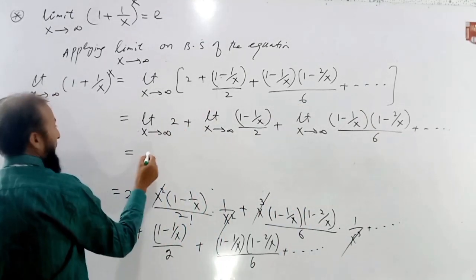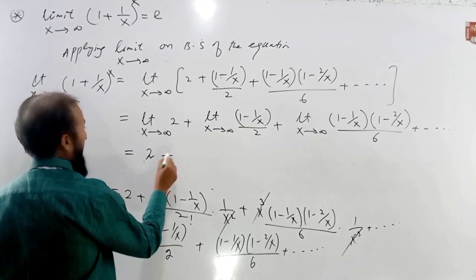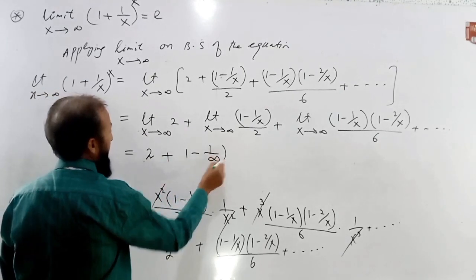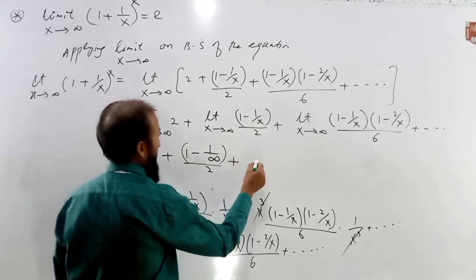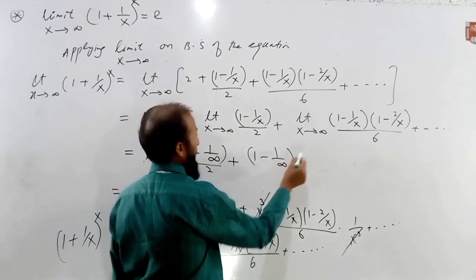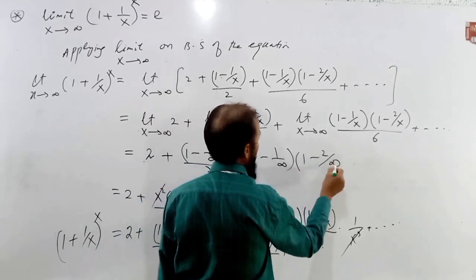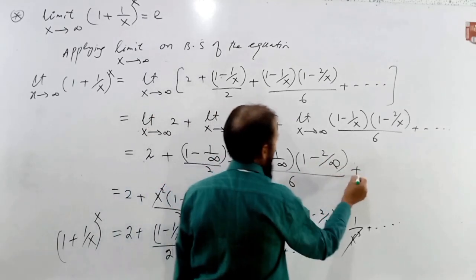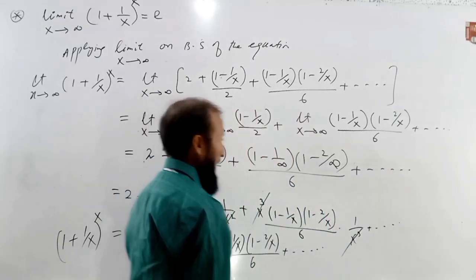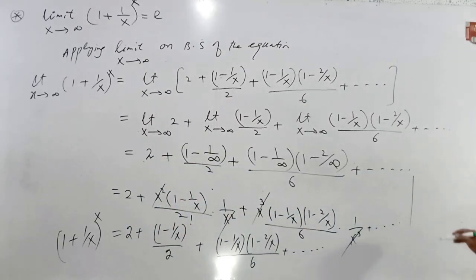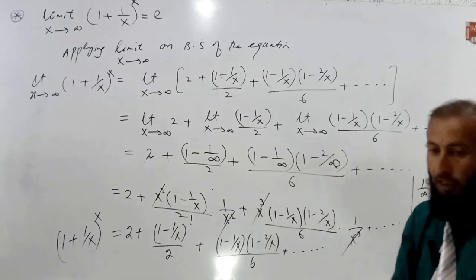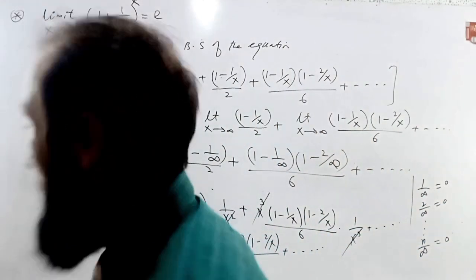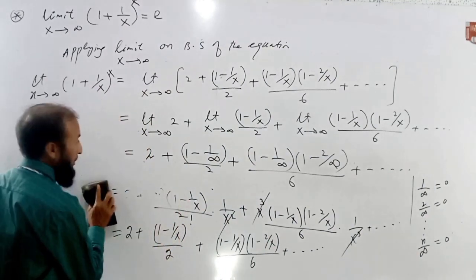Here the constant rule we can apply, so we get the constant, and here 1 minus 1 divided by infinity divided by 2 plus 1 minus 1 divided by infinity, 1 minus 2 divided by infinity divided by 6 plus up to so on. This is one of the rules: 1 divided by infinity we get 0, 2 divided by infinity we get 0, so up to so on, n divided by infinity is equal to 0. Something in the numerator divided by infinity, we will get answer 0.